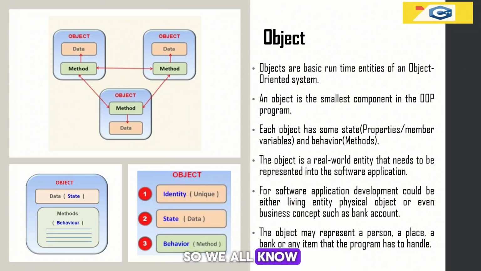So we all know compile time and runtime. What is the use of compile time? When we actually write the code, the next step is we need to compile it. That is what compile time is. During compile time, the compiler will check for any syntactical errors, not for any logical errors.